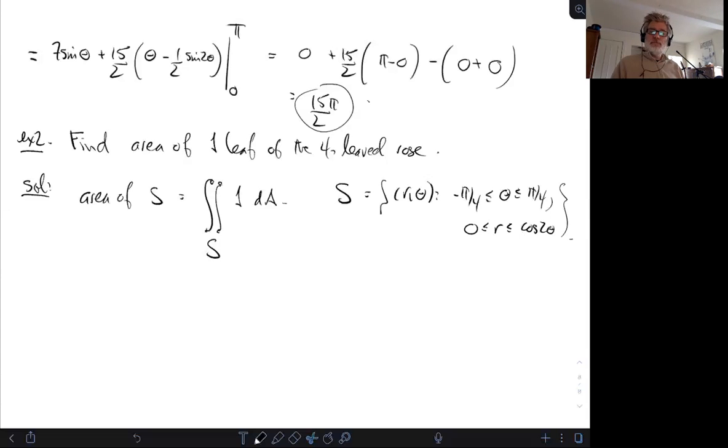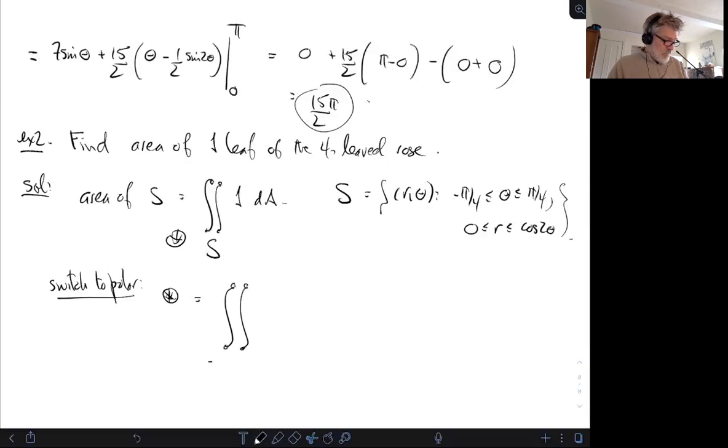So we switch to polar. Be careful: the formula we saw is in rectangular coordinates, dA, so you have to switch to polar.